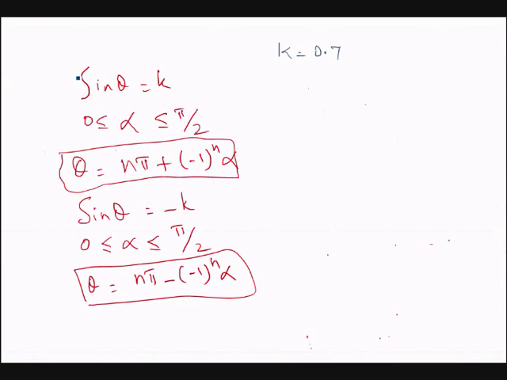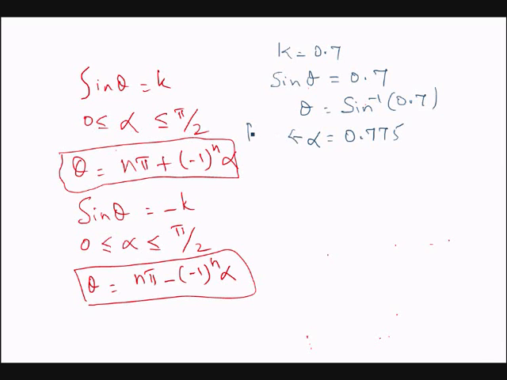In order to find the basic value alpha for the equation sin theta is equal to 0.7, I will be using the inverse function technique. Theta will be equal to sin inverse of 0.7, which is equal to approximately 0.775, and this I call as alpha because this is between 0 and pi over 2. And this alpha is always called the primary angle.